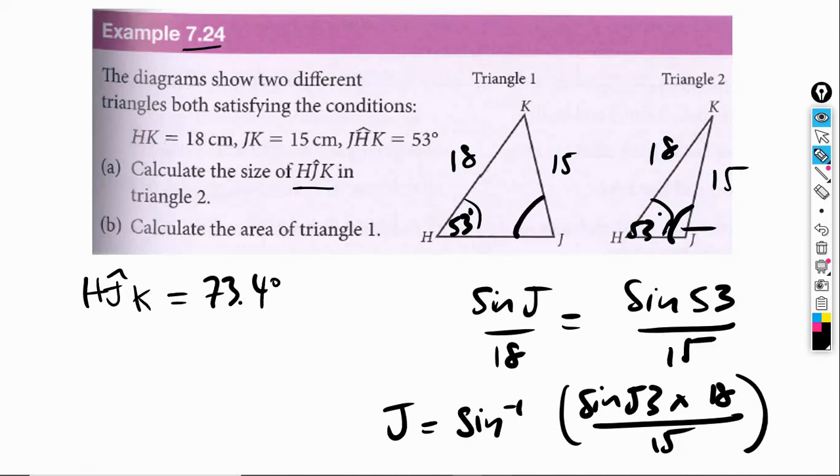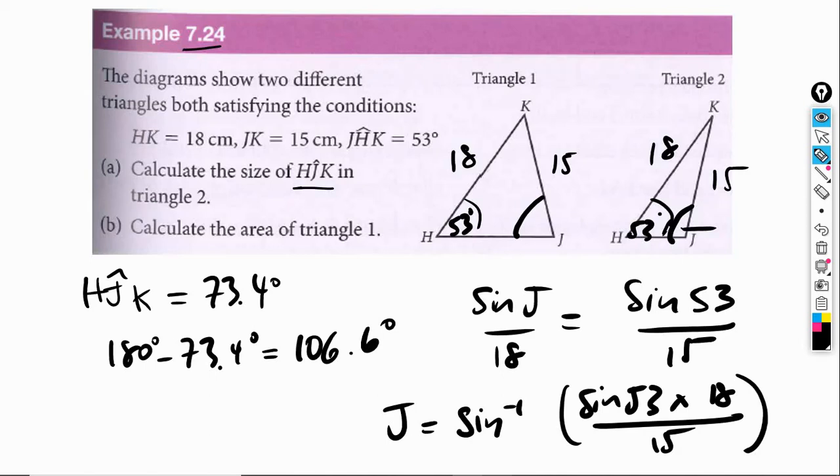That means that the one we need, the other HJK, is actually 180 degrees minus this, so minus 73.4 degrees. And that is going to give us an obtuse angle, which is 106.6 degrees. And that is really the one that we want to find.